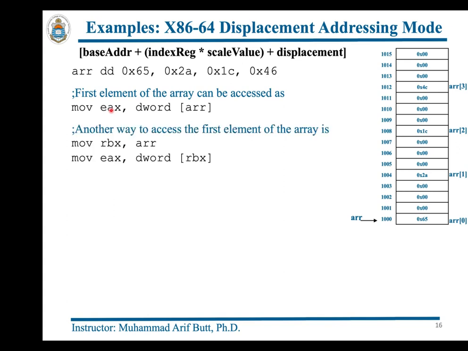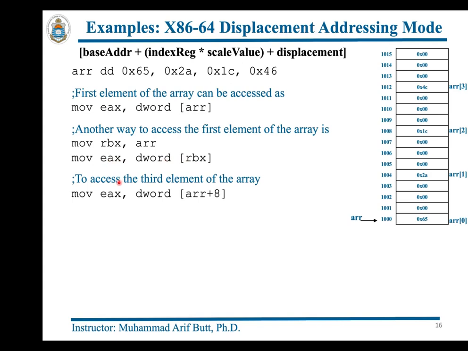One can use these two instructions as well together to access the first element of the array. We have placed the base address of this ARR inside RBX, and then we have read the memory contents and placed them in EAX.